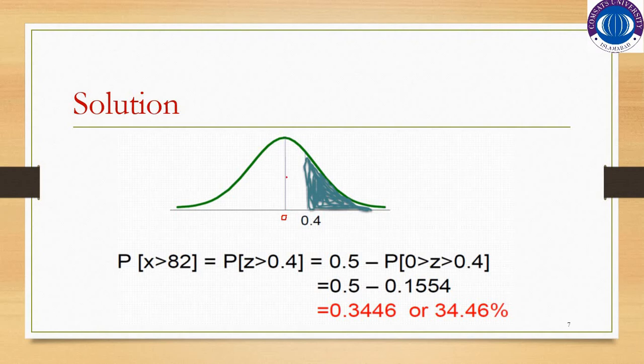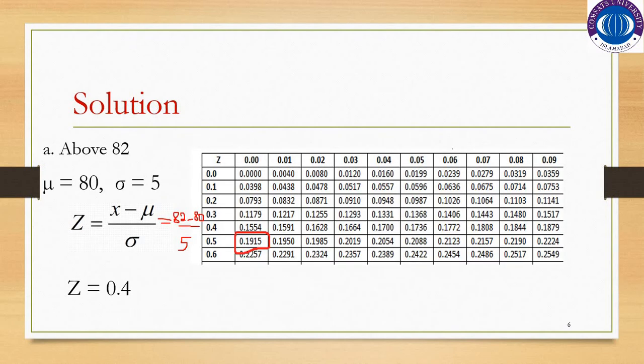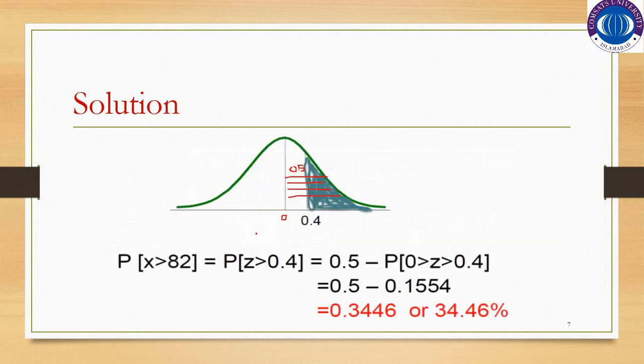So what we will do, we know that all this area is 0.5, and the area between 0 and 0.4, you can see from the table, is 0.1554.